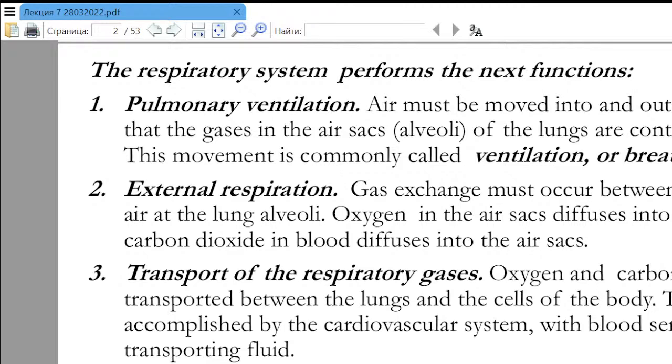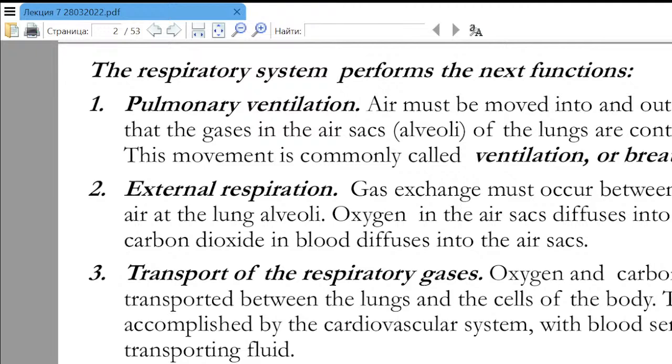This movement is commonly called ventilation. External respiration, the second function: gas exchange must occur between the blood and the air of the lung alveoli. Oxygen in the air sacs diffuses into the blood. Carbon dioxide in the blood diffuses into the air sacs.